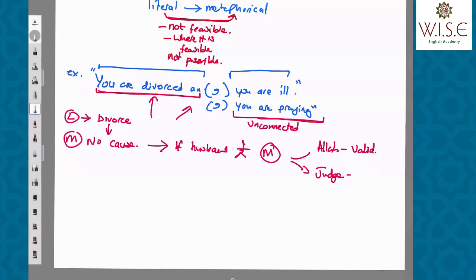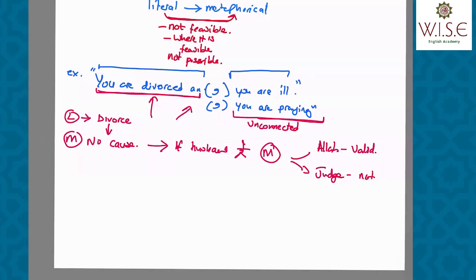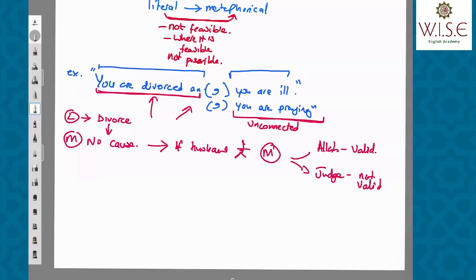You study this in ifta, not valid, because the judge will only decide upon what's zahir. The reason the judge gives a rejection is that the intention is diverting the literal meaning, and in a chapter of divorce, this is not possible. In the court of Allah, he might be correct, but Allah knows what intentions are.